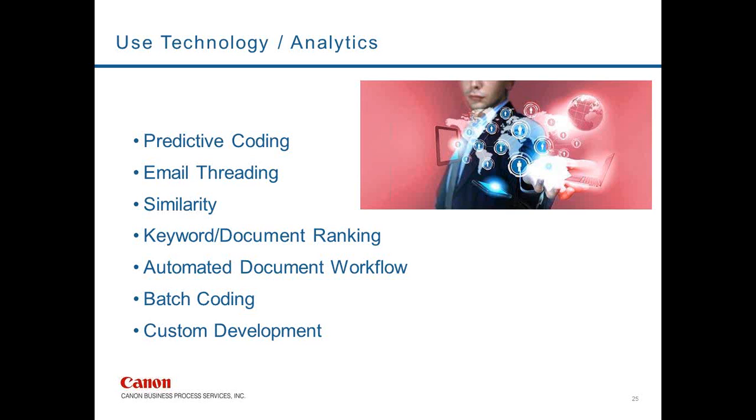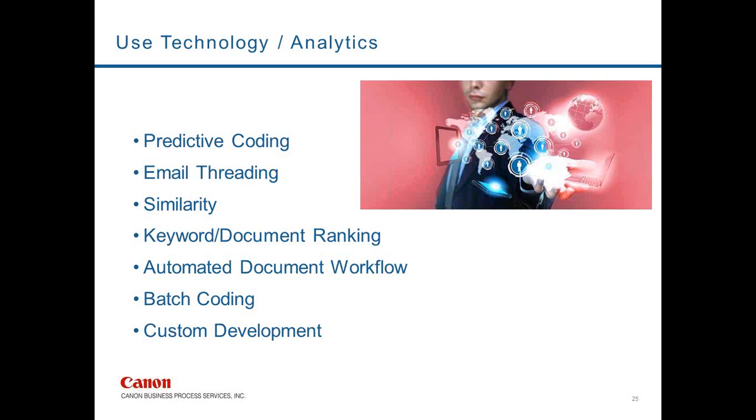We've got predictive coding, otherwise known as TAR, technology-assisted review, which is essentially machine learning. By working with a machine, a subject matter expert, an attorney who's familiar with the case can train the machine basically what documents are relevant and save a lot of time that way.